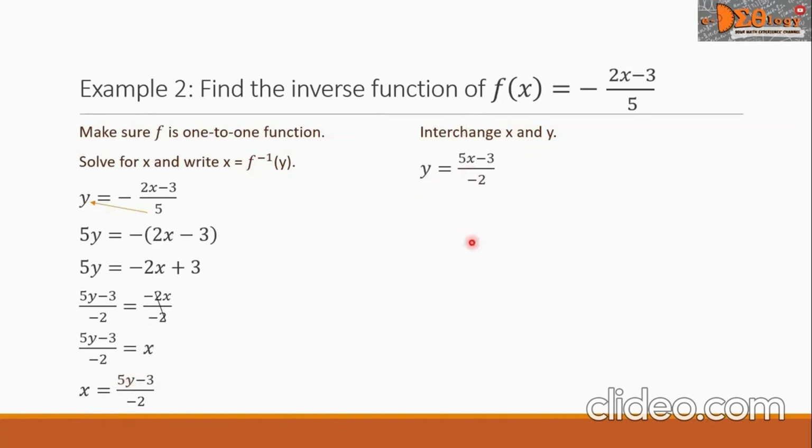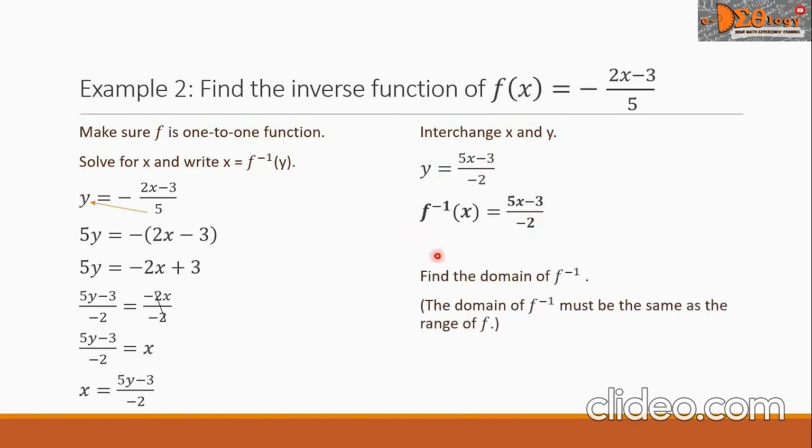So the new function here is y equals 5x minus 3 all over negative 2. We will now change this y into function notation, but this time it will be the inverse function of x equals 5x minus 3 all over negative 2. And this is the inverse function that we are looking for.